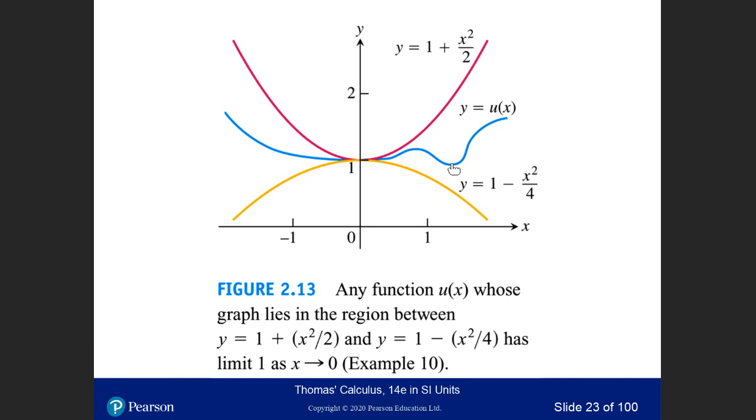And now you have a function u of x, which is squeezed between these functions. So u of x must have limit 1 as x approaches 0, both from the right and from the left. The limit must be equal to 1 because these functions have limit 1 as x approaches 0.